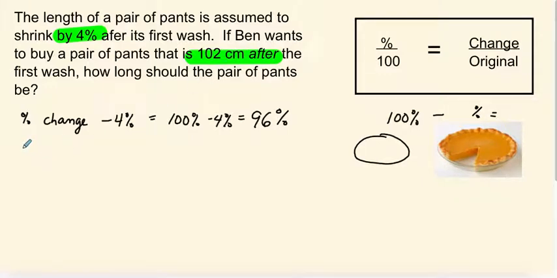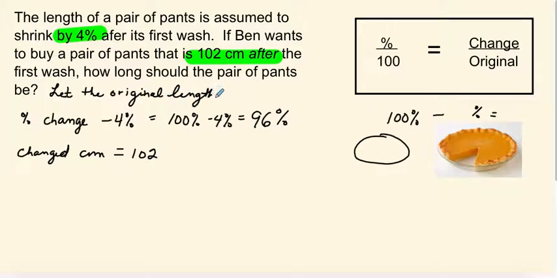The changed centimeters, right, the length of these pants after the change is 102 centimeters. Okay? And what we don't know is the original length of the pants. So let's let the original length, and that's in centimeters, equal x.